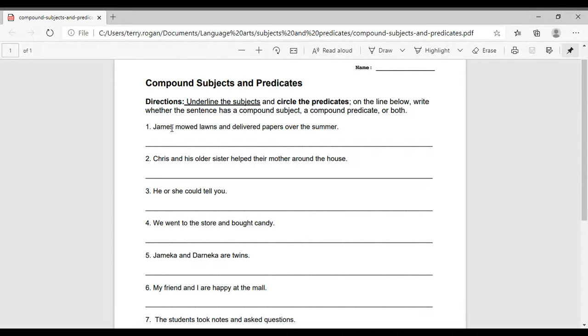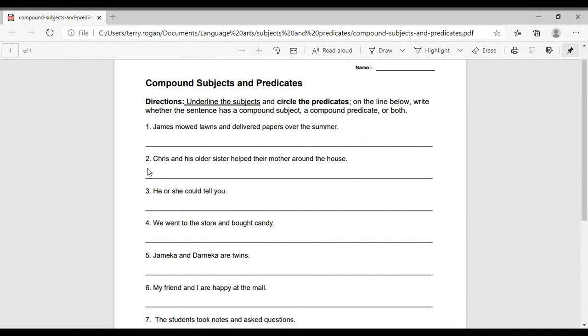Then I ask myself this question: James did what? Or what did James do? Well, he mowed lawns and he delivered papers. He did two things. So this has a compound predicate: mowed lawns and delivered papers. So this is the compound predicate. Predicate has the action in it.